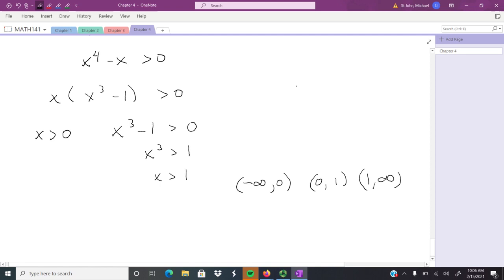And we can ask, okay, what's going on here with our functionality? Well, negative infinity to 0, that will end up being a positive number. Between 0 and 1, this thing would end up being a negative number. And then greater than 1, we're back to being a positive number.